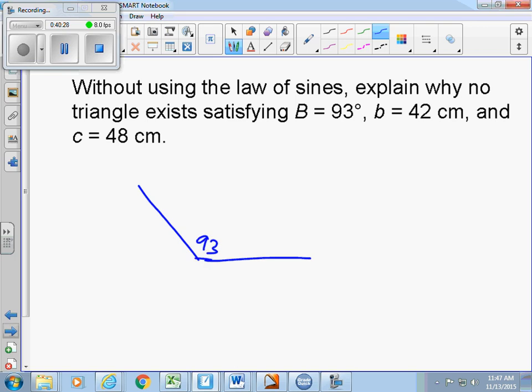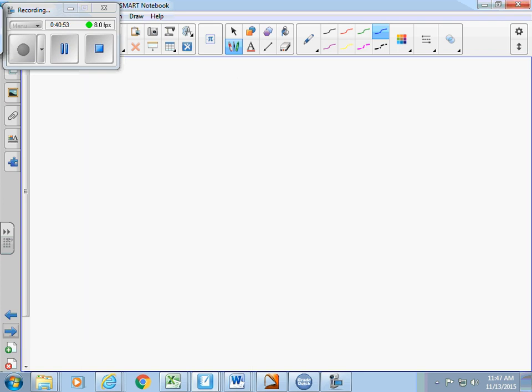The opposite side has to be the biggest side. Well, this is 42 over here, but this side is 48. So that's not going to reach because that has to be the biggest side, has to be across with the biggest angle. That makes perfect sense, right? Yeah. That's not really the law of sines, but it's one of our cases, right? You can use geometry to think through some of these problems, or you can use the law of sines.